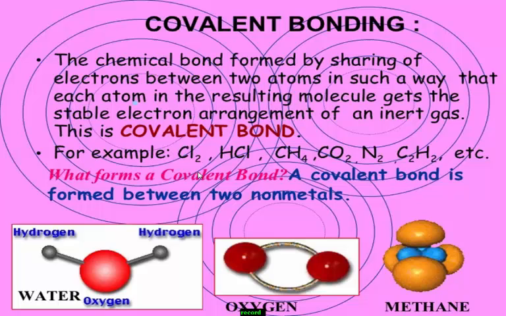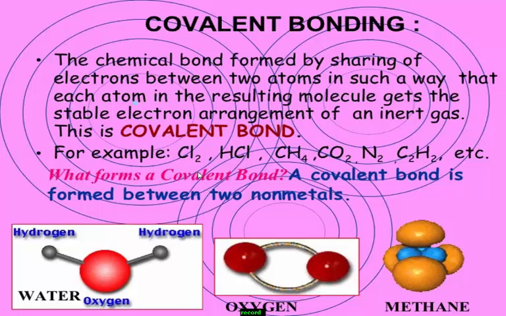This is a covalent bond. The chlorine molecule contains a covalent bond because mutual sharing of electrons takes place between two chlorine atoms. HCl, CH4 (methane), carbon dioxide, and the nitrogen molecule contain covalent bonds. A covalent bond is formed between two non-metals. This is a very important point, students.